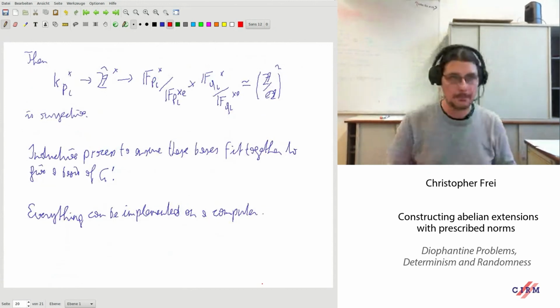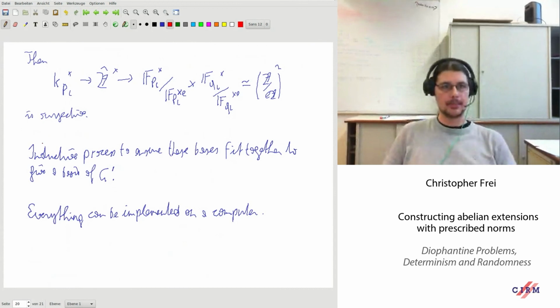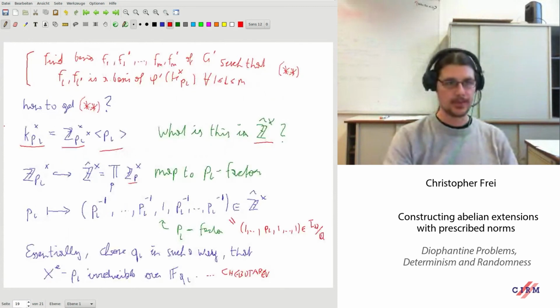So once I have this, this map here is surjective. So what's this map? We go now from KPL star and we embed it into Z hat star in the way that I've explained here.